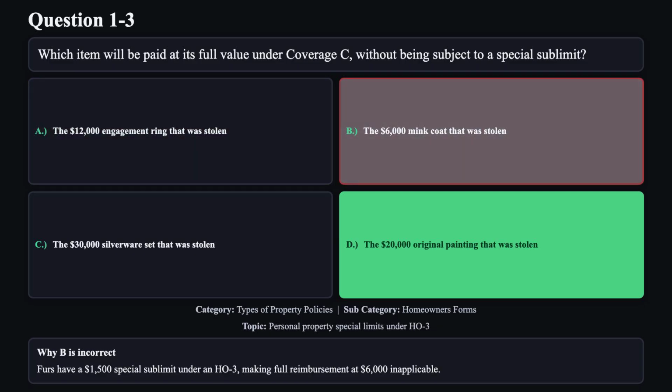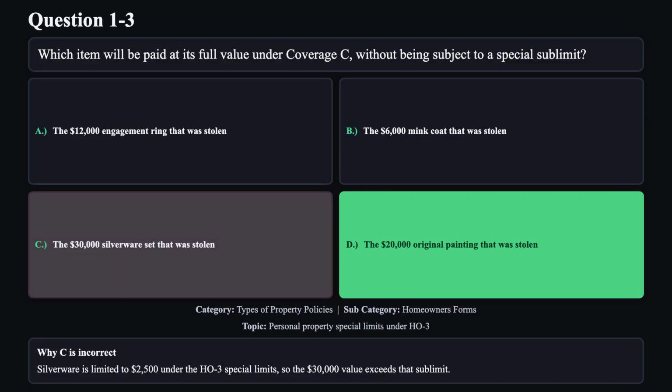Reason B is not correct. Furs have a $1,500 special sublimit under an HO-3, making full reimbursement at $6,000 inapplicable. Reason C is not correct. Silverware is limited to $2,500 under the HO-3 special limits, so the $30,000 value exceeds that sublimit.